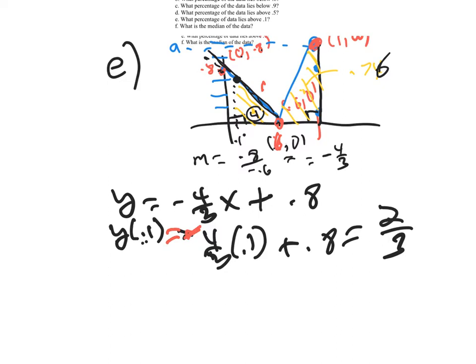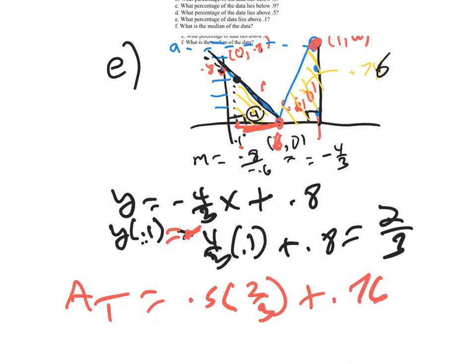Okay, 2/3 it is. So area total will be base times height of this yellow triangle from 0.1 to 0.6. What's that base? 0.5. Times its height, you're saying, 2/3. Plus, I already know this was 0.76.